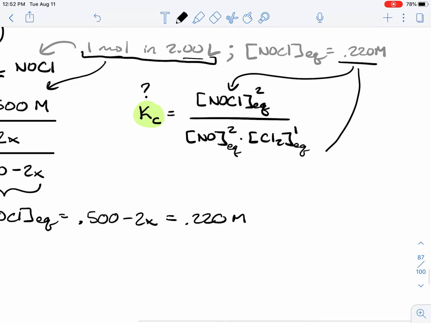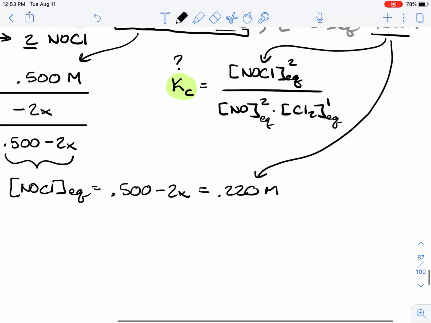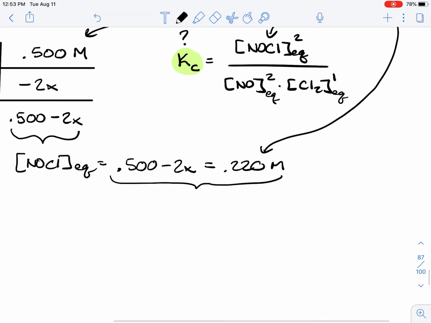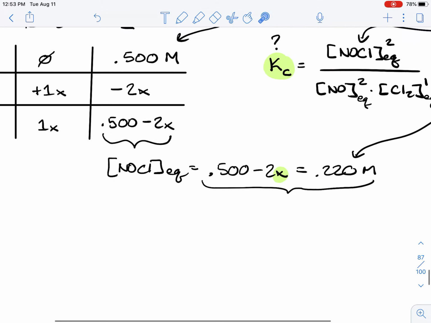Okay, so I'm going to go ahead and put an arrow down here as well. And so if we simply focus on this expression, we can solve for x. And once we solve for x, we can plug in that value for wherever we see x in the row that describes the equilibrium concentration for those substances.